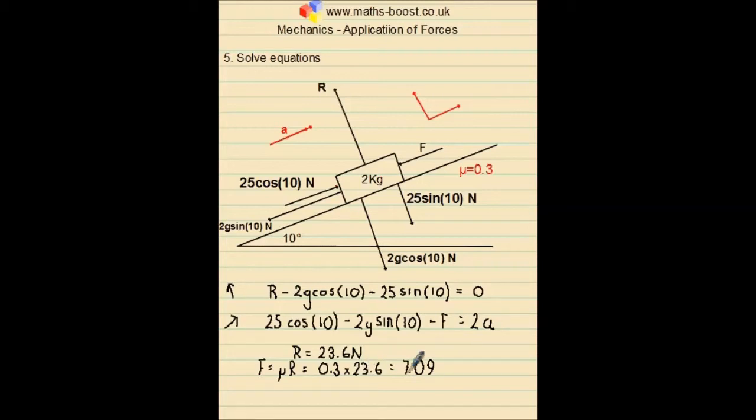I've used the calculator memory to give me the full resolution of the normal reaction. This allows us to get rid of one of the two unknowns in this equation. Consequently, we have an equation with one unknown, a, which we can then solve.